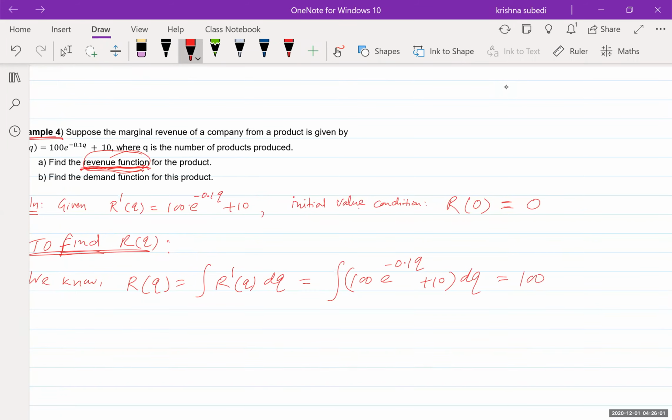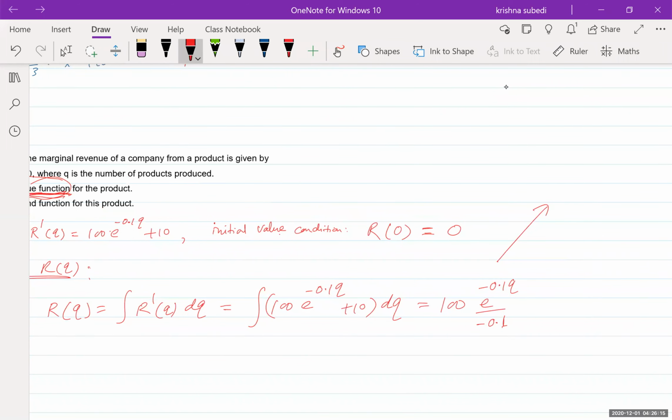Using the formula, I copy that 100 as it is, and then using that formula there, negative 0.1 q over negative 0.1, right? We know the formula because the formula is the integral of e to the kx dx equals e to the kx over k plus c. But the c we're going to write at the end. So using that formula, you'll get this plus the integral of 10 dq, which is simply 10q plus c.